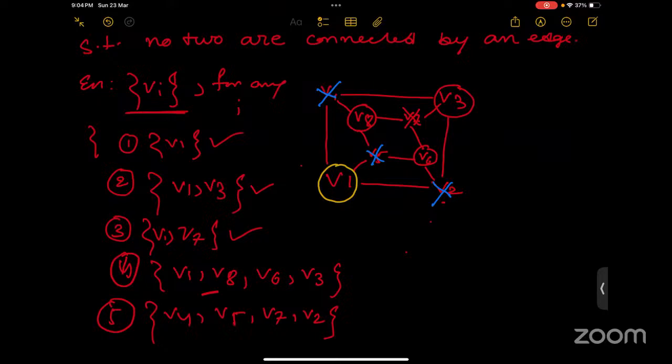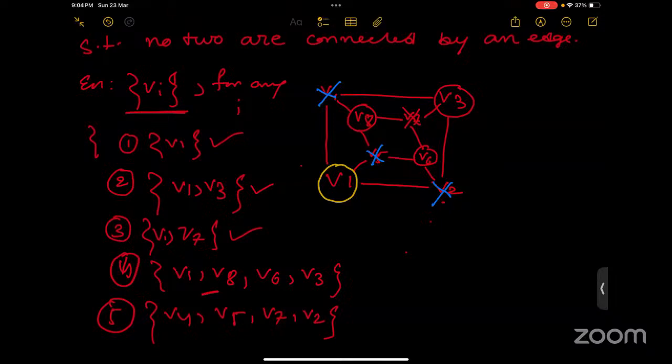Is it now clear how, given a graph, we can take an independent set? Yes. In the last example, you took V1, then V8, V6, then V3.